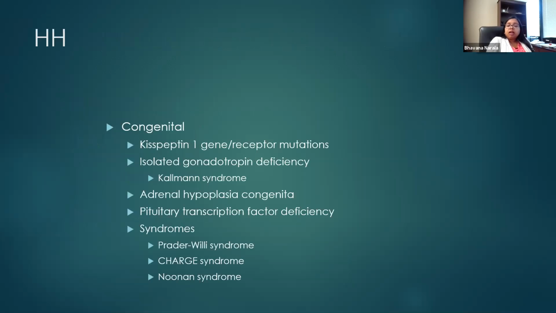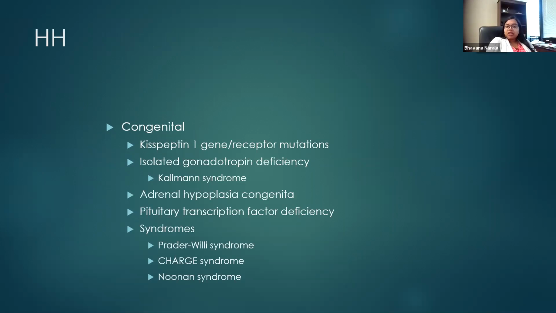So there's a lot of congenital forms. They could have kisspeptin-1 gene receptor mutations. They could have isolated gonadotropin deficiency, the one that we always look for, and maybe something that you may see in board exams or shelf exams is Kallmann syndrome.